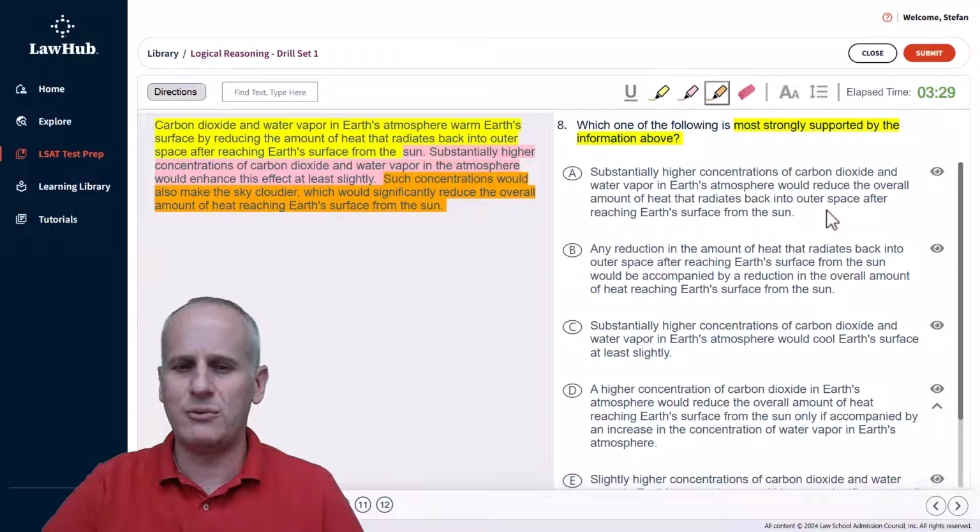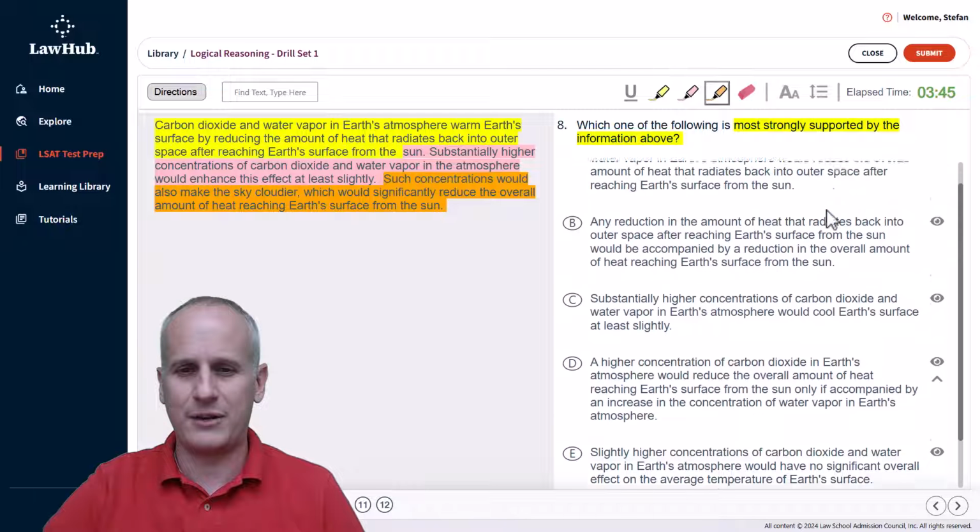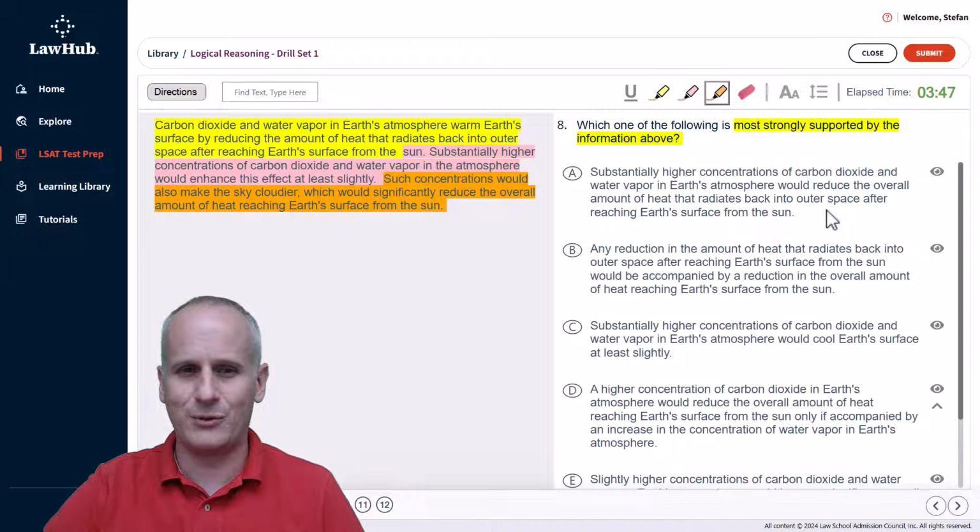Another thing to note is you actually do have scrolling capability here because of the size of the answer choices, which is a way you can indicate the difficulty proactively. You may decide on the exam that this is something to leave for later. But I really don't want to just be scrolling up and down. It's really disorienting. So I'm just going to keep it at A through D, and then we'll only scroll once when we finally evaluate choice E.